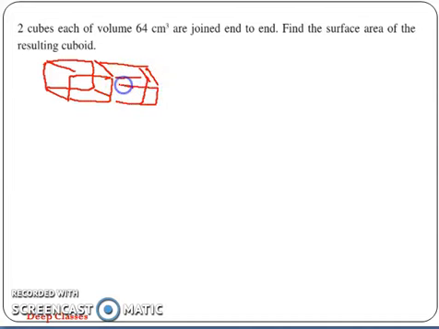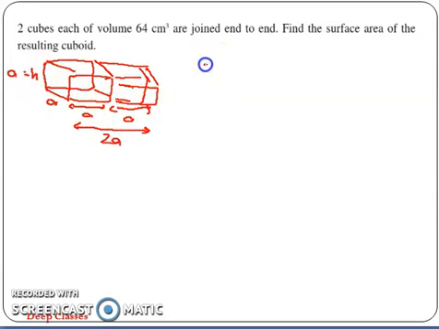I'm bad in drawing, but consider this is A, and this is another A. So this length will become 2A and height H is equal to A in this case.